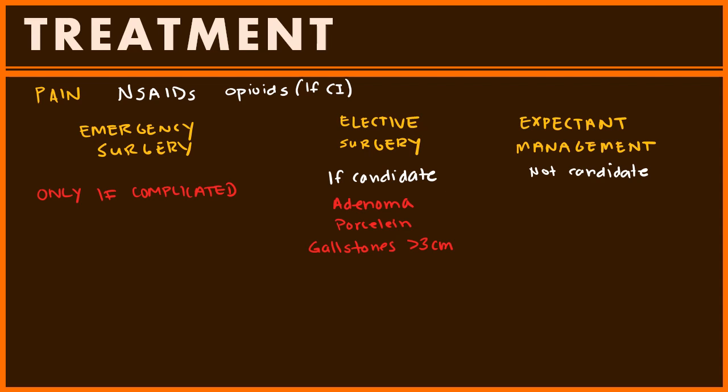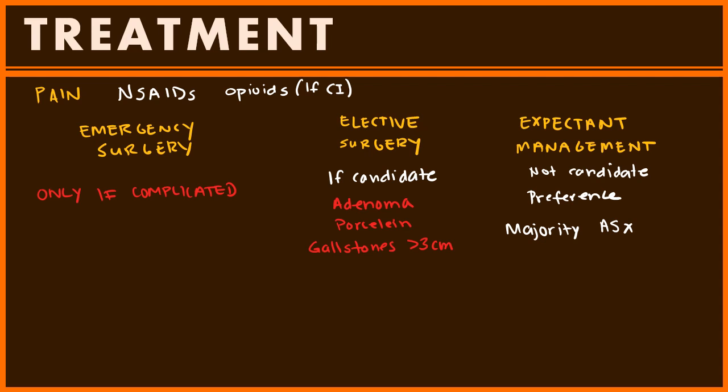Expectant management, again, if they're not a candidate, or if the patient just doesn't want surgery, they prefer not to have surgery, they can also do expectant management. And so this is, again, one of those circumstances where you discuss with the patients the risks and benefits, and they can make a decision based off of that information. Also keep in mind that the majority of patients will be asymptomatic afterwards.